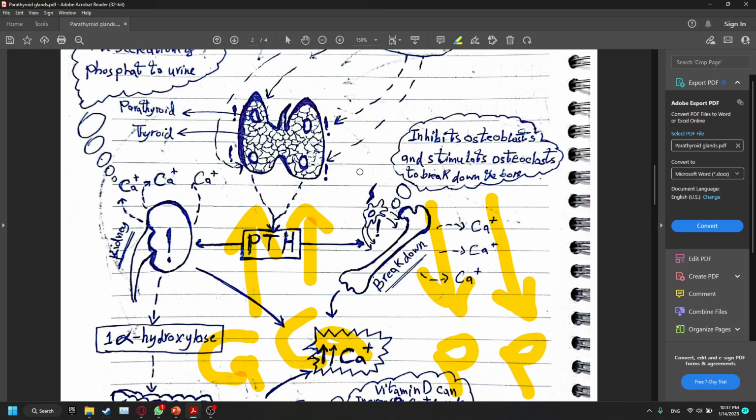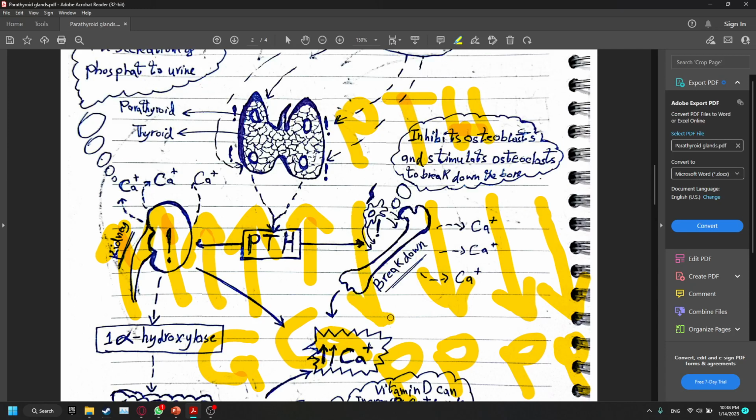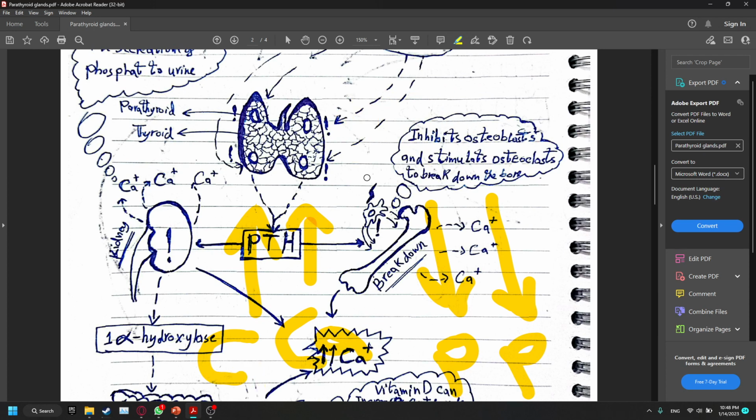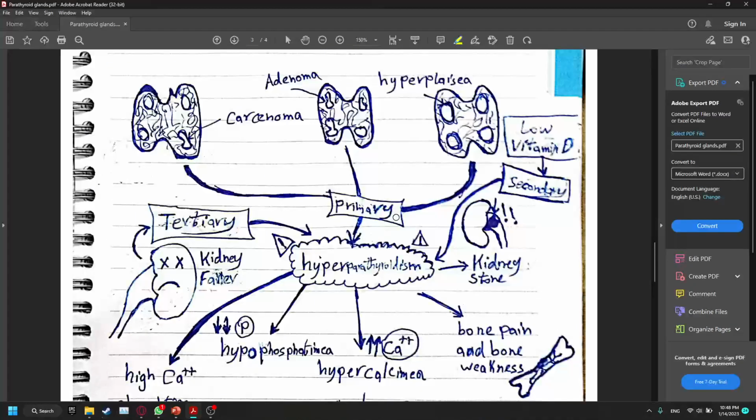So when you have too much PTH, it drives too much calcium into the body from the urine, and it's not free, so it has to use the body's potassium and excrete it in the urine. This is why a patient normally has high amounts of potassium in their urine when you do a urine test, and that could be a symptom of hyperparathyroidism.